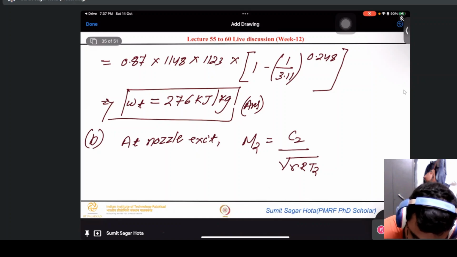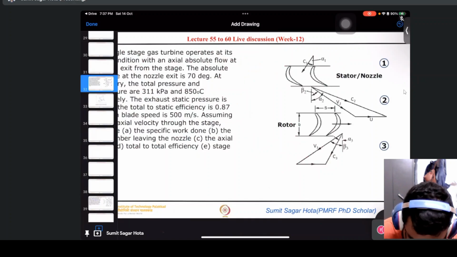You see the velocity triangle here. Here CW3 equal to 0, and WT equal to U into CW2.